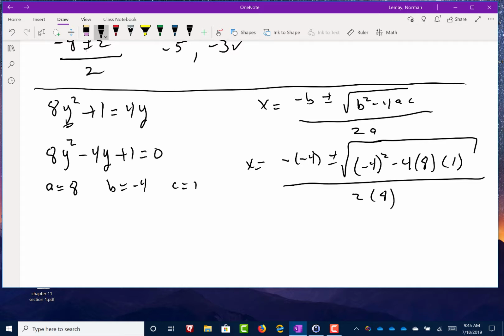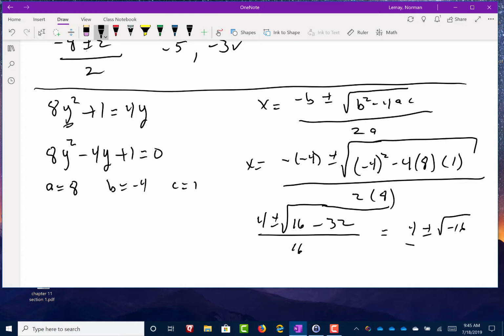Okay, so here we get 4 plus or minus the square root, so here we get 16. Let's see, what do we get here? 8 times 4 times 1 is minus 32, divided by 16. And this is equal to 4 plus or minus the square root of minus 16, divided by 16.